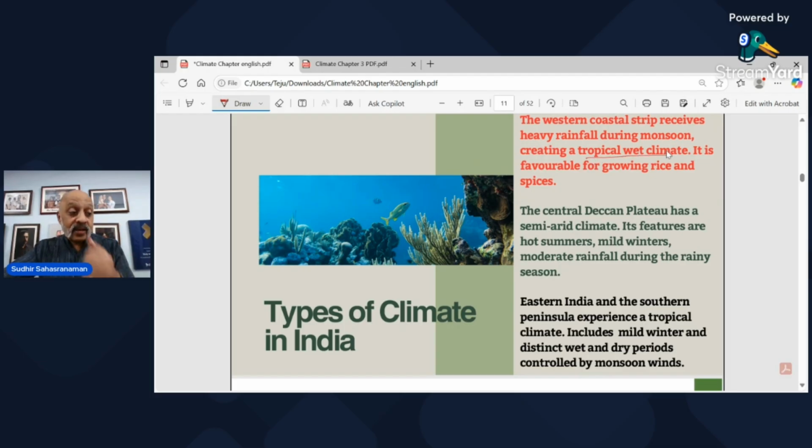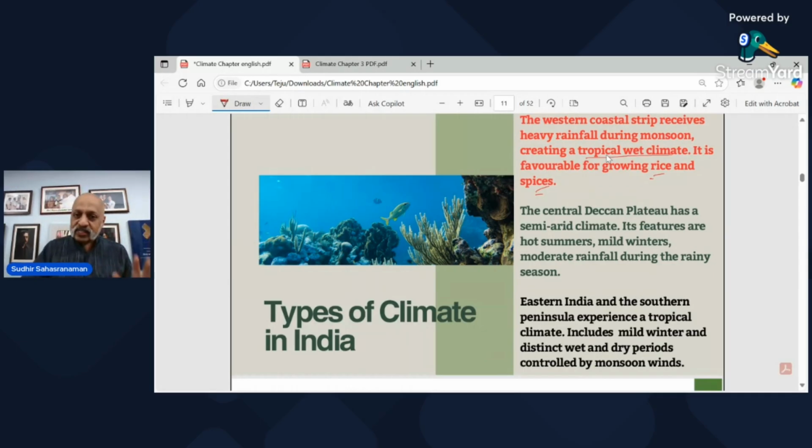This area is very favorable for growing rice and spices. Both are grown a lot in Kerala in particular because it receives very heavy rainfall, and rice in particular, along with sugarcane, needs a lot of water.